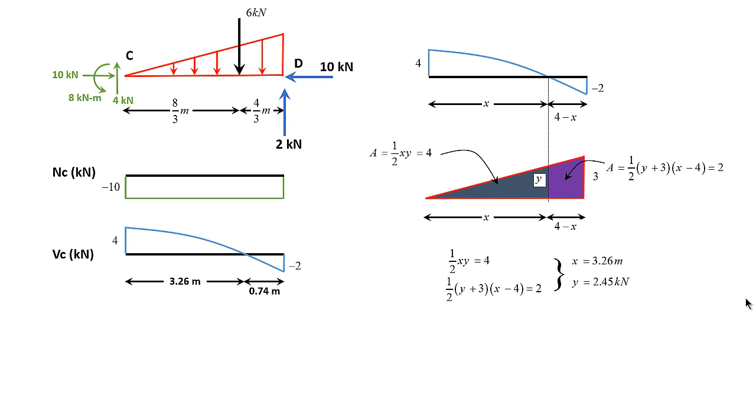But since the shear force diagram here is not a regular shape, it's not a triangle, it's not a square, so it's hard for us to find the area under this curve, unless you know the equation and you can integrate. Alright, but you don't have the equation yet. You can come up with the equation if you want, but I'm assuming you're doing this in an exam where you're trying to save time.